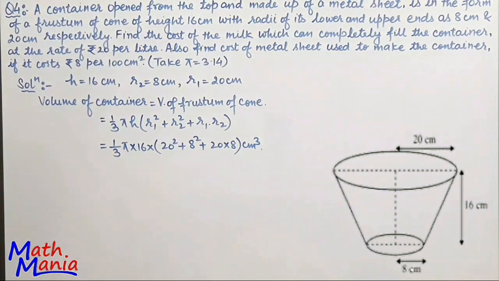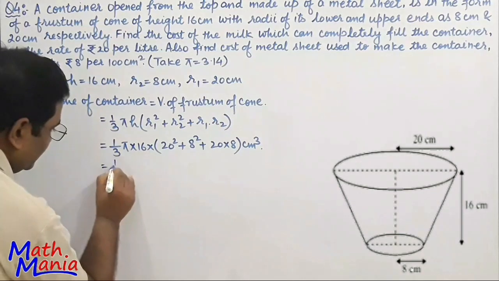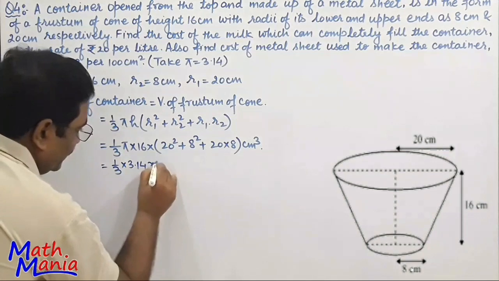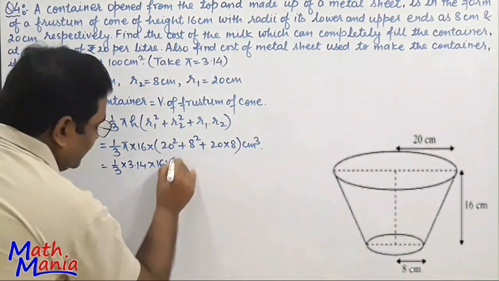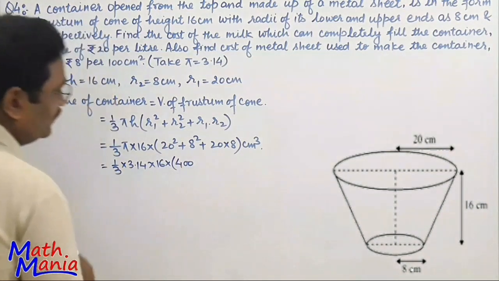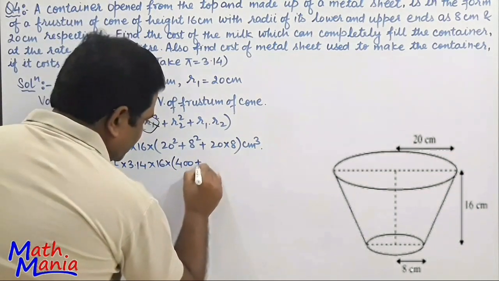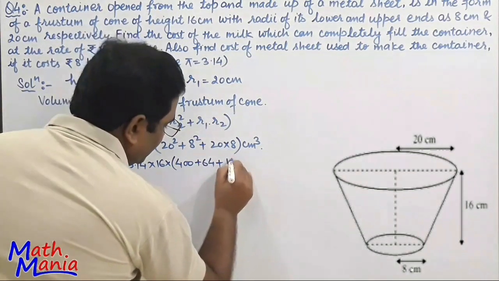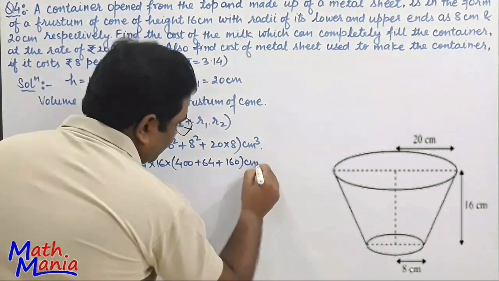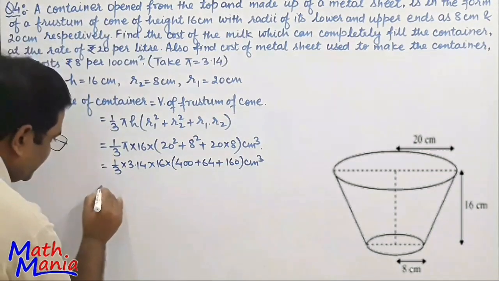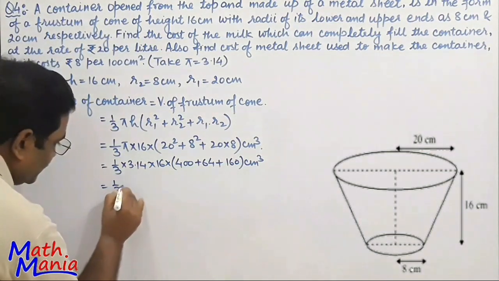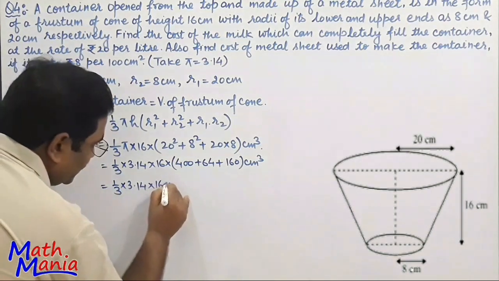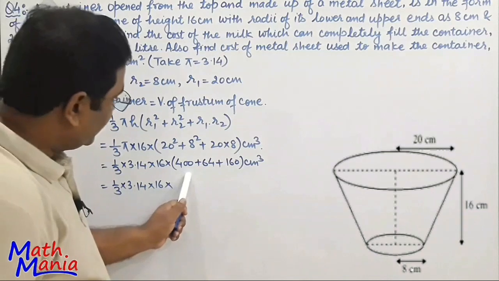Okay friends, so 1/3 pi is 3.14 into 16 multiplied by 400, square of 20 is 400, square of 8 is 64, plus 20 into 8 is 160 cubic centimeters.